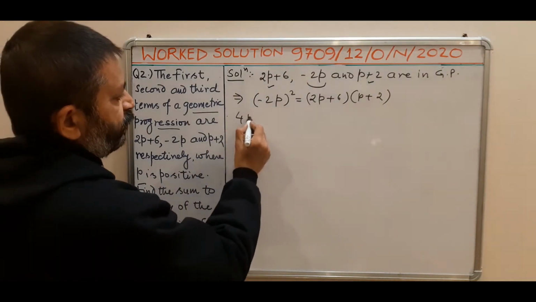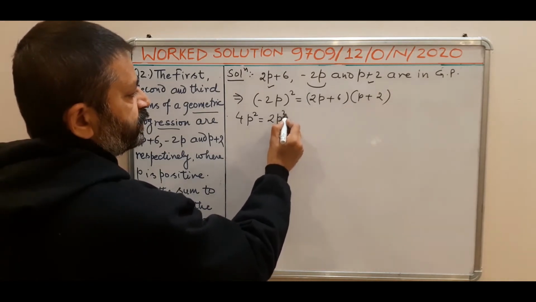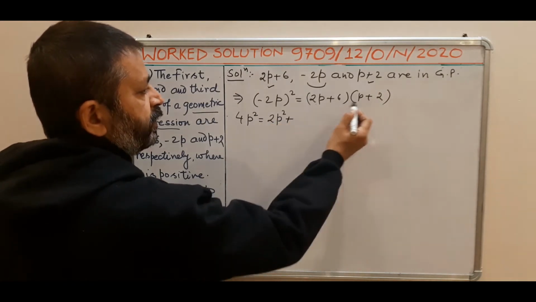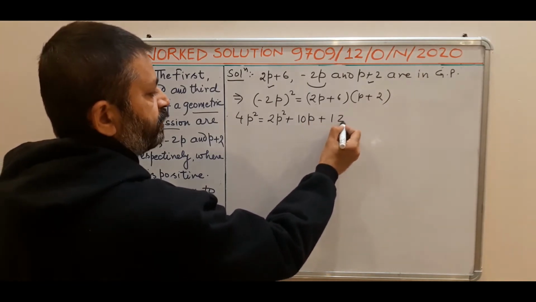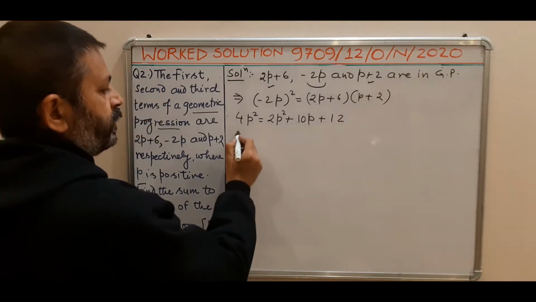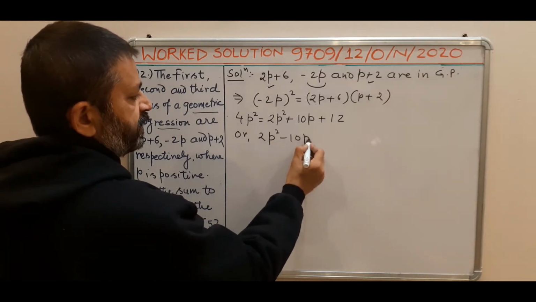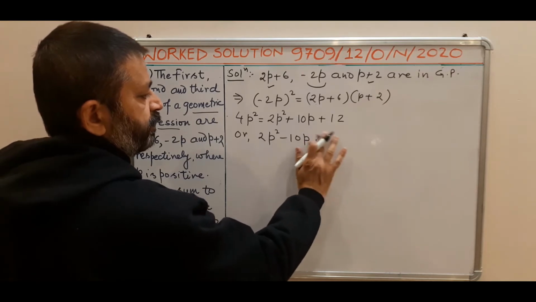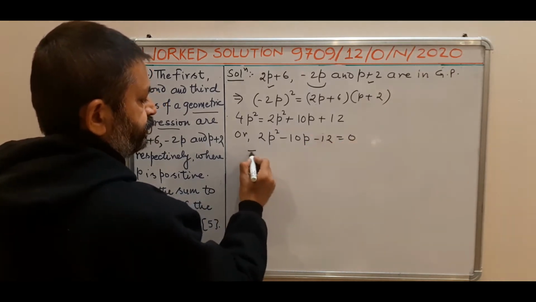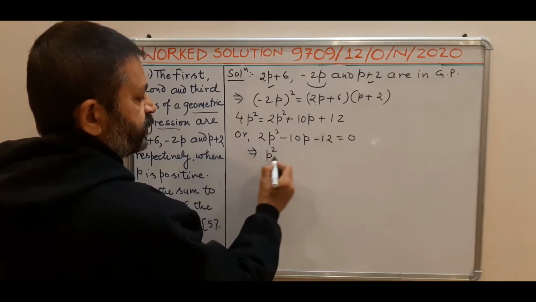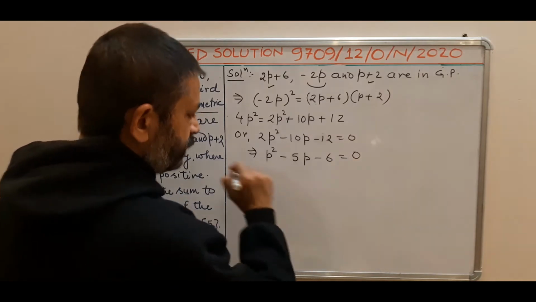So it will become 4p squared is equal to 2p squared plus 4p plus 6p, 10p plus 12, or 2p squared − 10p − 12 is equal to 0. It is divisible by 2, p squared − 5p − 6 is equal to 0. Now solve it.